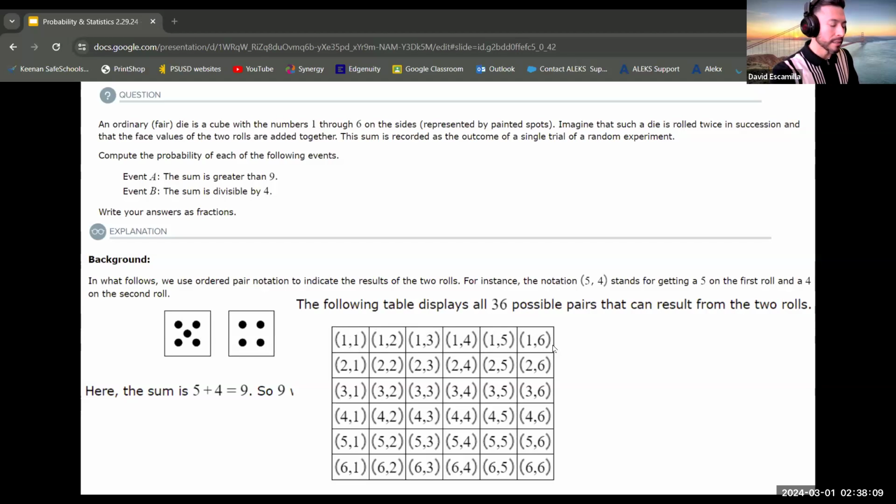I always said dice. I don't know if I'm incorrect, but all right. Another possibility is that you get number 2 and then 1, or 2 the first time and 2 the second time. 2 the first time, 3 the second time. 2 the first time, 4 the second time.